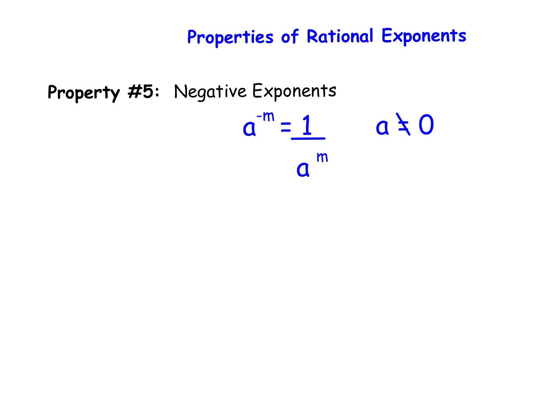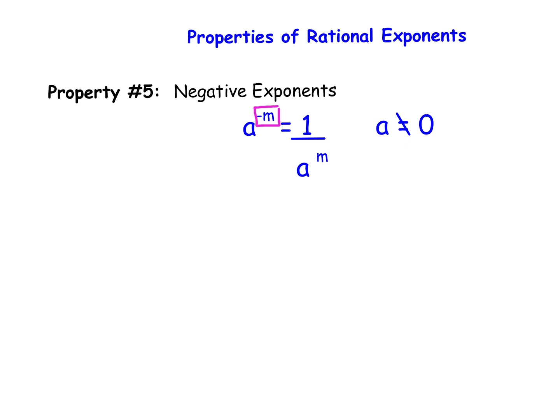The final property we're going to look at here deals with negative exponents. And what's really unique about negative exponents is that we can write any term with a negative exponent into its positive exponent equivalent. So we can always change negative exponents. Now, unfortunately, this doesn't work if we have a negative base.